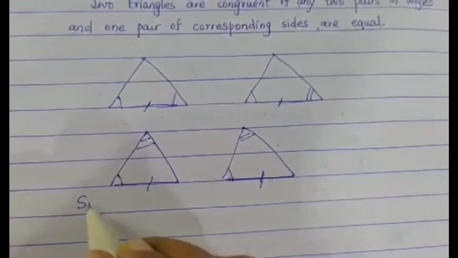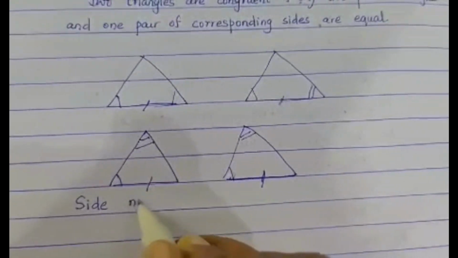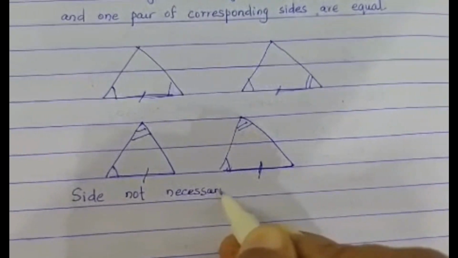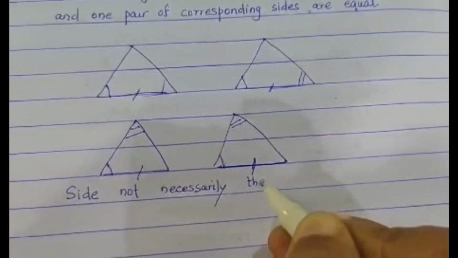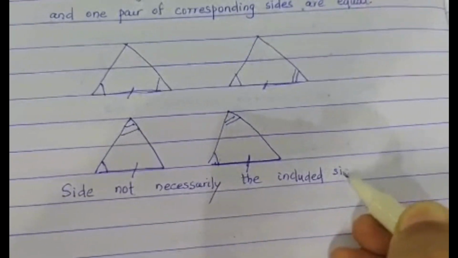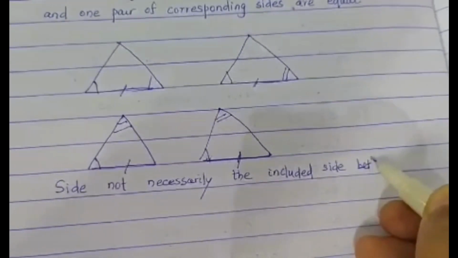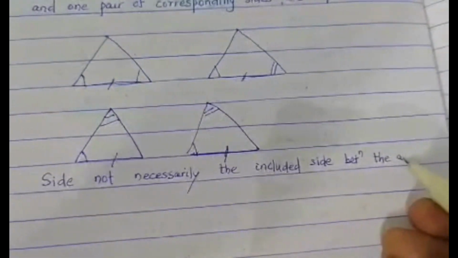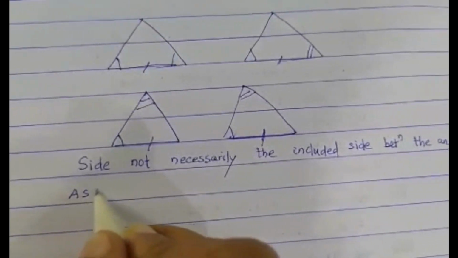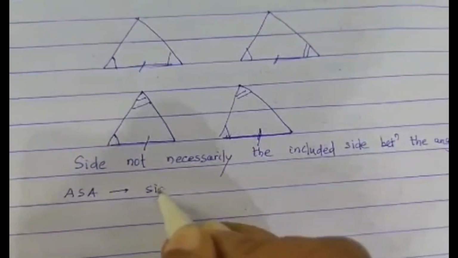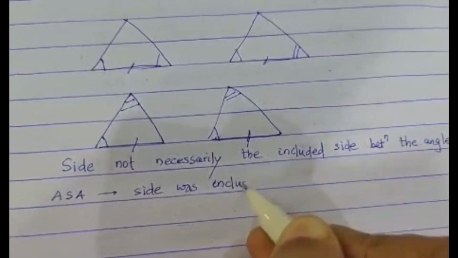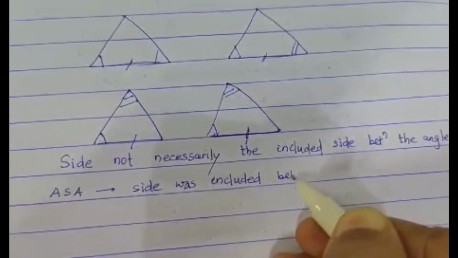So the side is not necessarily the included side between the angles. Likewise, in the earlier case ASA, the side was included between the angles.